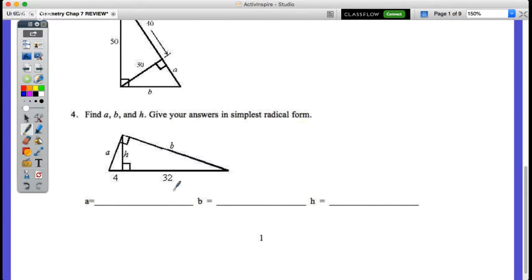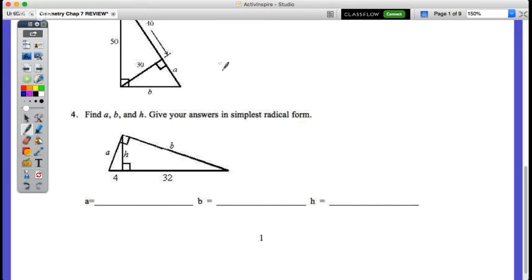So I'm moving on to number 4. Number 4 asks you for your answer in simplest radical form. So I need to do A, B, and H. Both A and B are legs, and I have both parts of the hypotenuse.